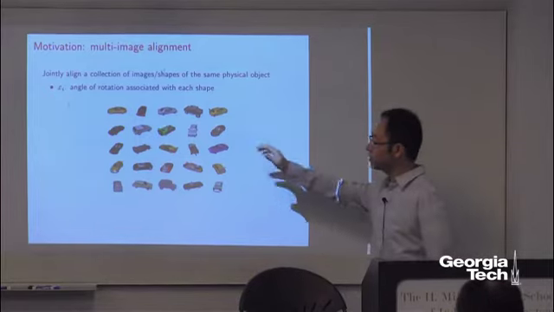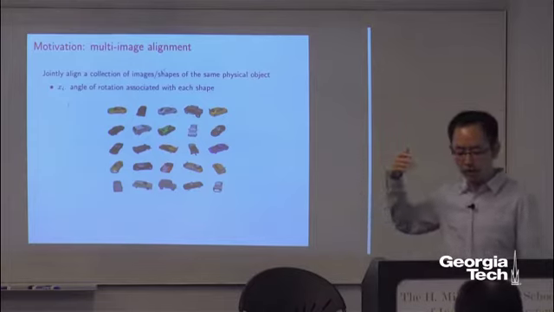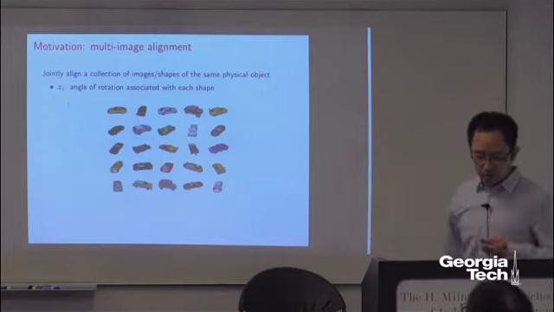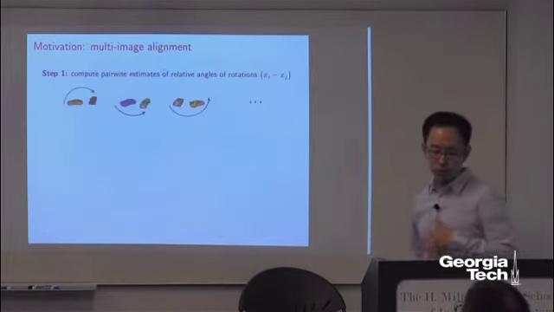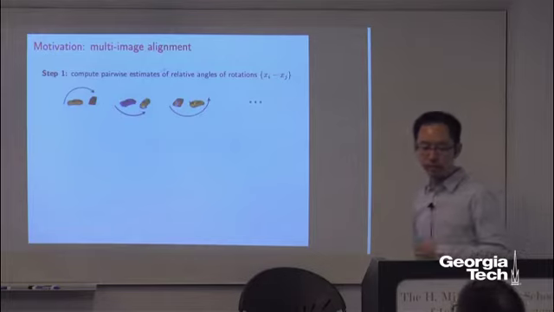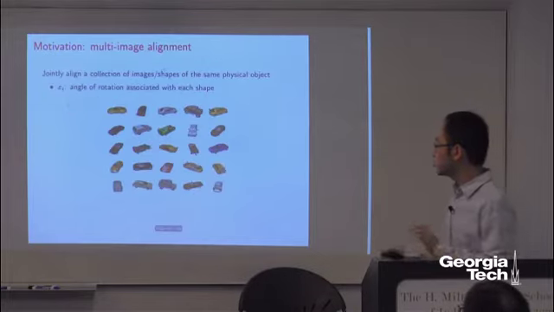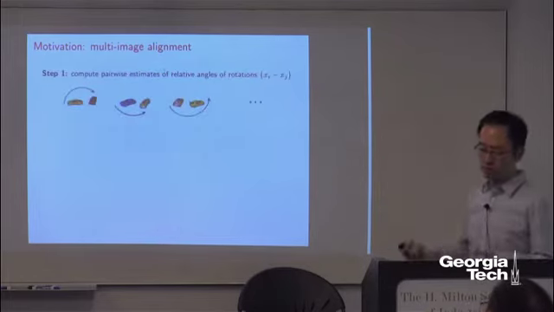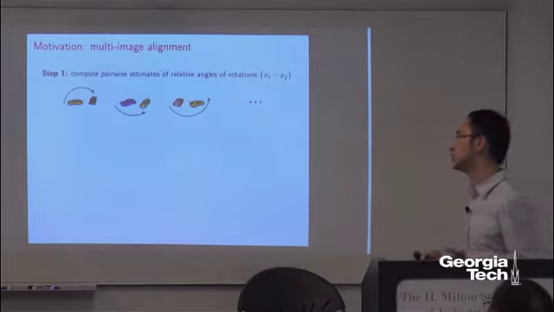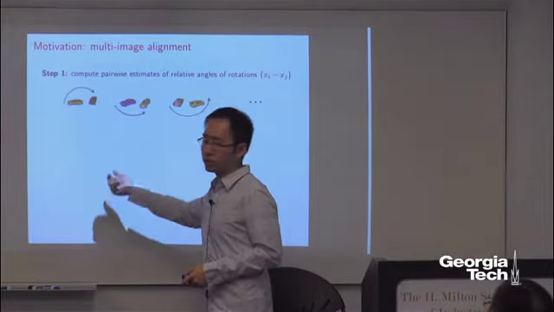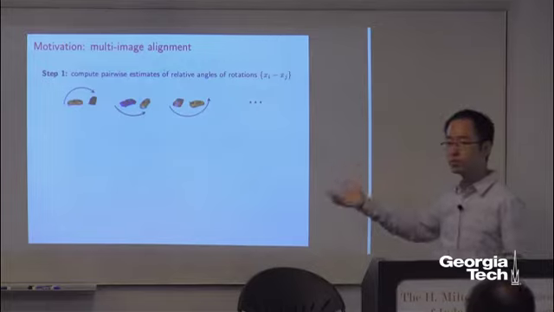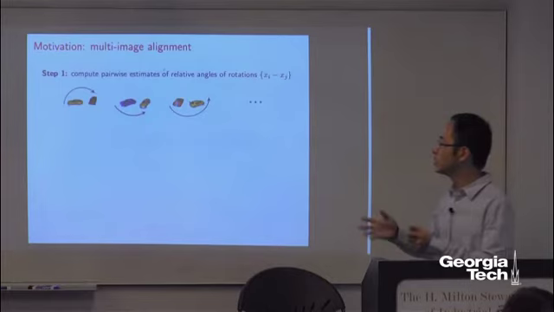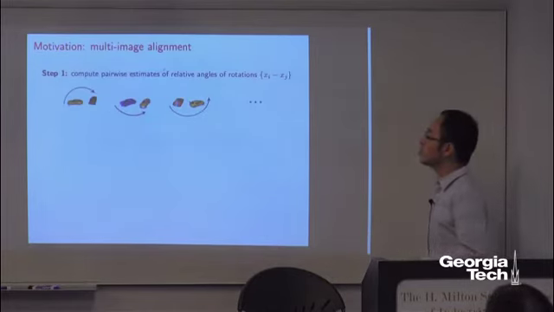This is one of the most important tasks in computer vision and computer graphics. A popular paradigm is the following. It is very difficult to jointly align all of them, so they first try to align a pair of the cars. Every time they look at a pair of the models, they try to find some way using raw features to align them, which basically means figuring out the relative angle between these two cars.